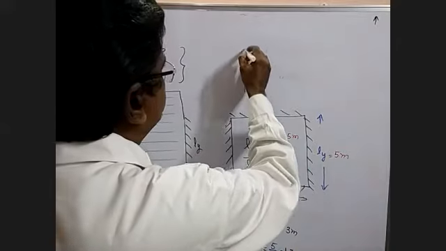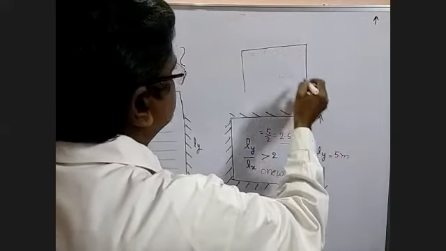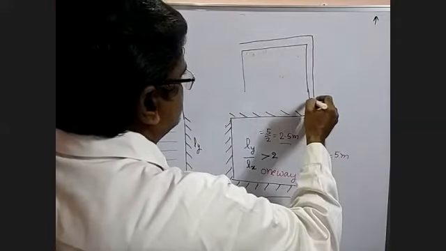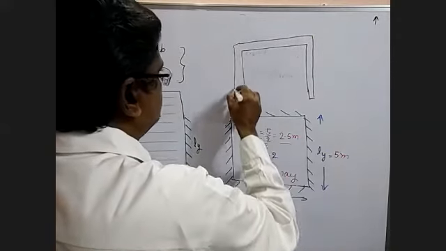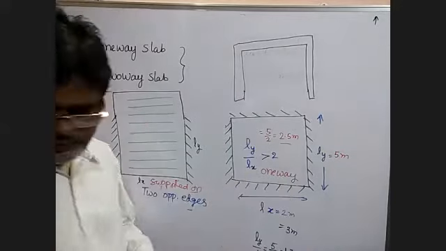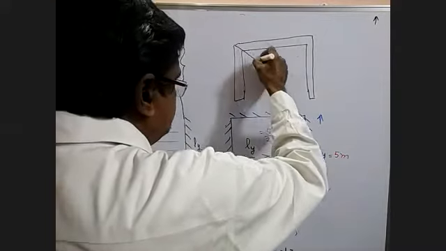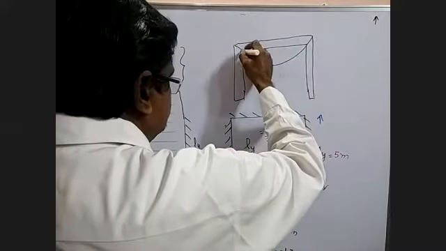So here, if I say this is a slab here, the slab will bend like this. Let us say this is the slab.